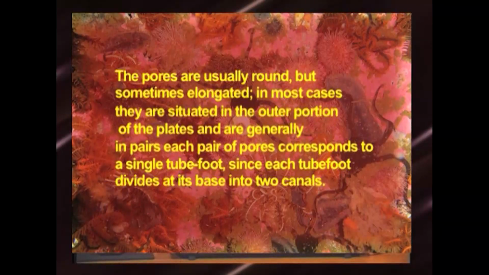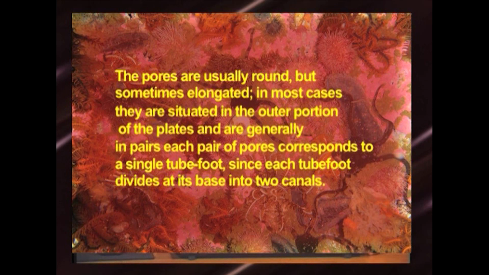The ambulacral plates are smaller and more numerous than the interambulacral, and they are perforated by pores for the passage of the tube feet to the exterior, a radial water vessel being placed in the middle line under each ambulacral area. The pores are usually round but sometimes elongated.